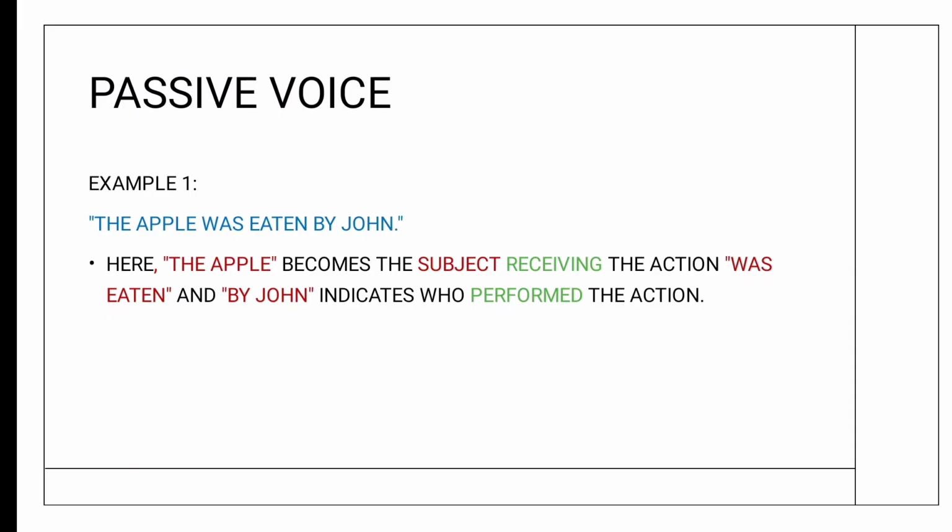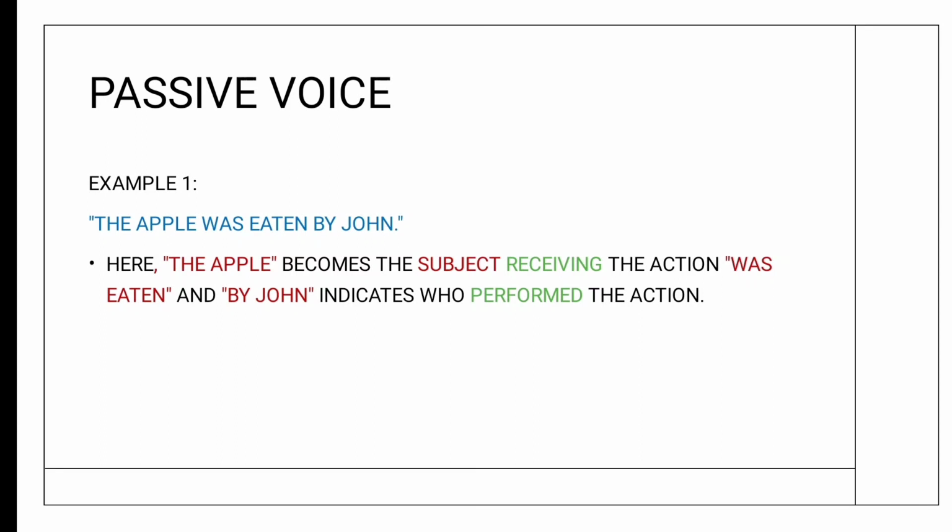See, here is the example. The apple was eaten by John. In active voice, we learned it like John ate the apple. Simply, who ate the apple? John ate the apple. So here, the apple was eaten by John. In the active voice, we read the apple at the object position. Now the object comes into the subject position in passive voice.